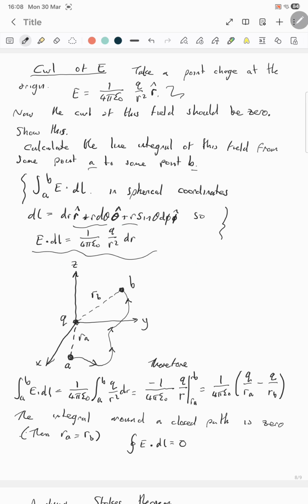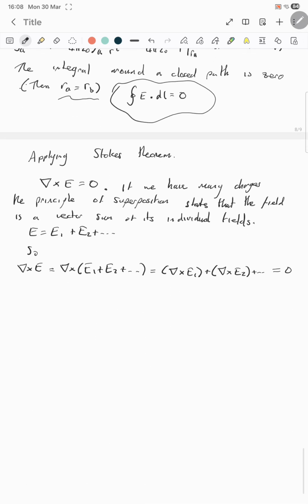This is not superposition, we're just simply integrating, sorry. We'll integrate this and we'll get this here. The integral around a closed path is 0, because r of A equals r of B, and we simply get this 0.